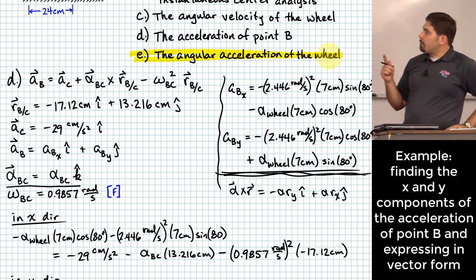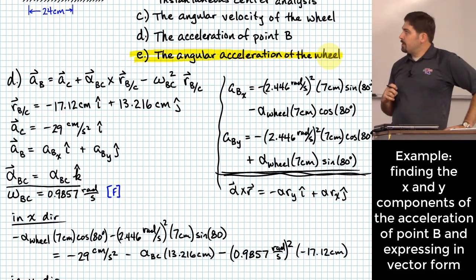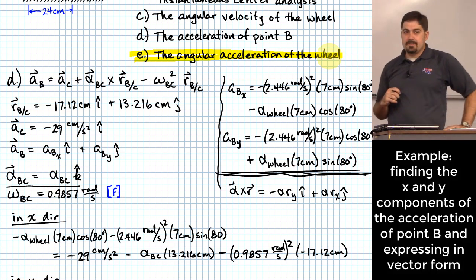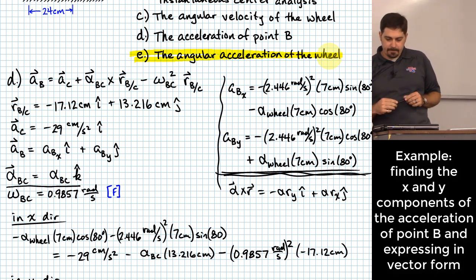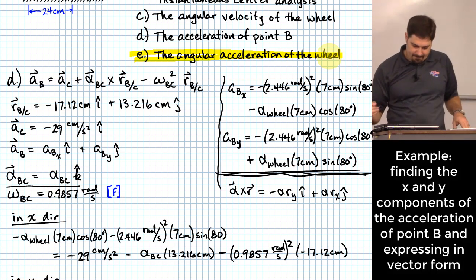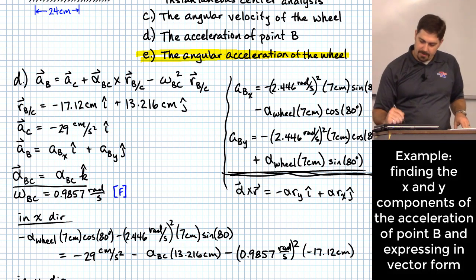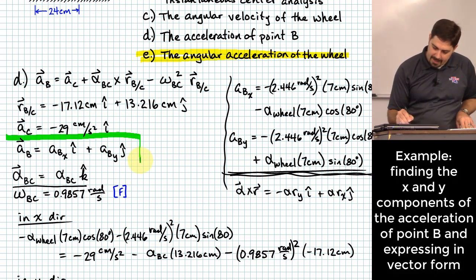So what we need to do probably is look at the acceleration there of point B and actually interpret that as components of acceleration of point B. Okay? What's the easiest way of doing that? Well, in my opinion, the easiest way of doing that is to go back and remember that we already did that.